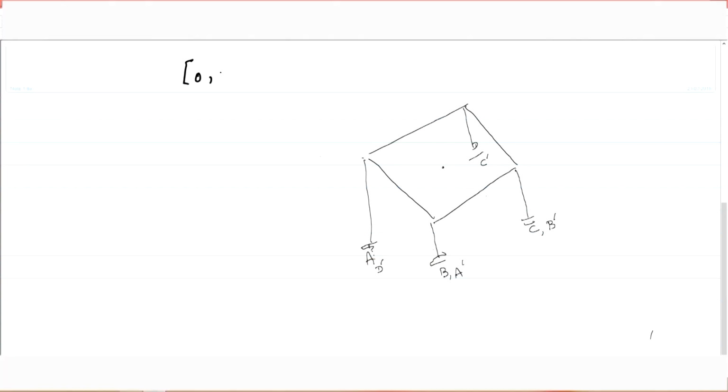Yes. Have you ever thought about this question? Suppose you have a real valued function defined on the closed interval, say 0, 1, and it has the intermediate value property. Should it necessarily be continuous?